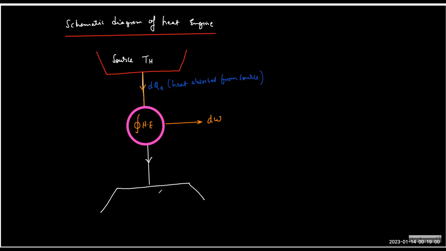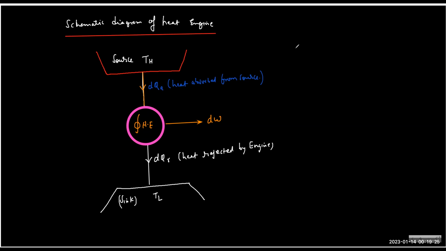This point is at low temperature, and this is the heat rejected. This low temperature body we call the sink.